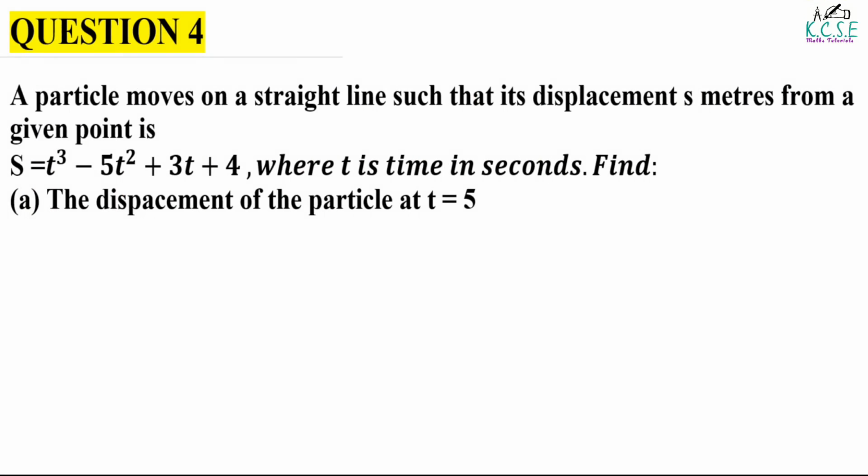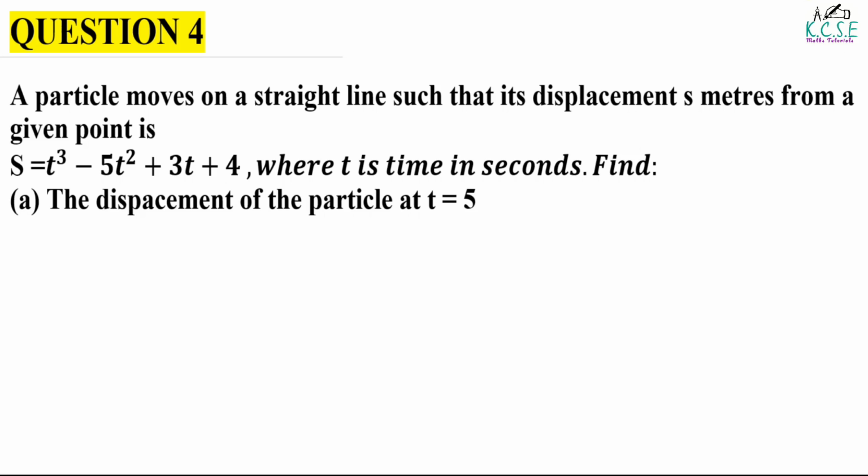Question number 4. A particle moves on a straight line such that its displacement s meters from a given point is given by s equals t cubed minus 5t squared plus 3t plus 4, where t is time in seconds. Find a, the displacement of the particle at t equals 5.